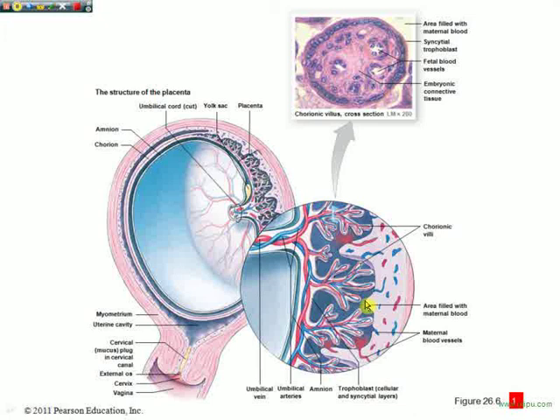The baby actually has its own blood supply. The baby's and mother's blood does not mix. Alright, if you take a section of this chorionic villi and look at it in cross section, you see the fetal blood vessels here, the embryonic connective tissue, syncytial trophoblast, and the area filled with maternal blood is here on the outside, again, which corresponds to this dark blue here.